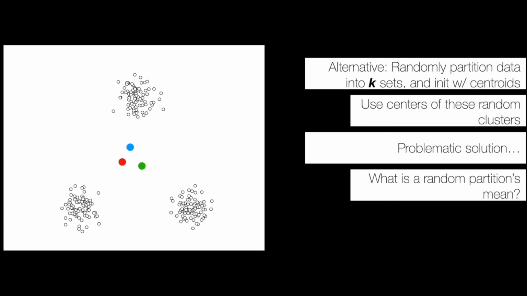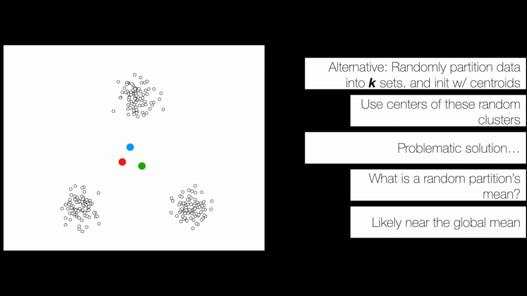And what this means is, even if we do 3 different partitions here, the means for all 3 of these different partitions are likely to be close to each other because they're all approximately close to the global mean of the full data set. So you end up with less variation in the resulting cluster centers than you do with the previous version where you randomly selected points from your data.